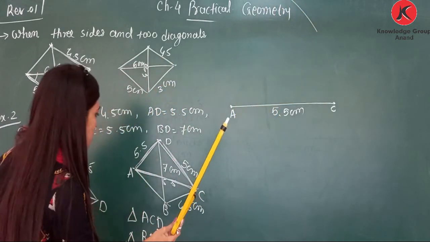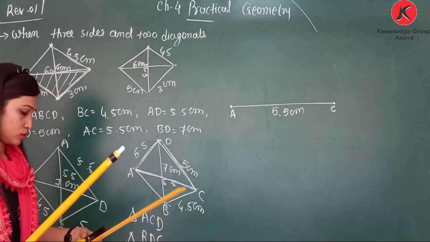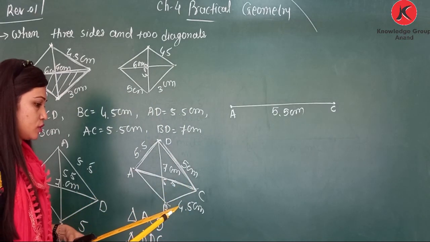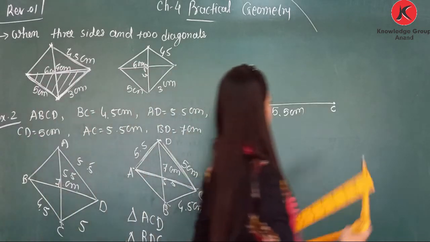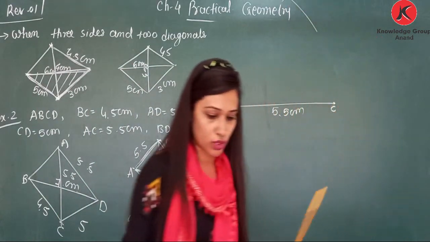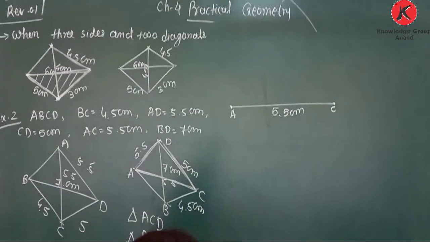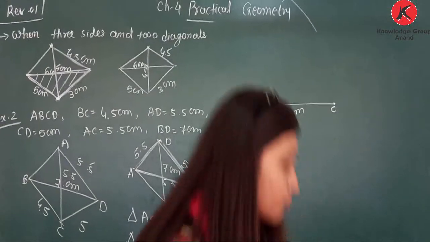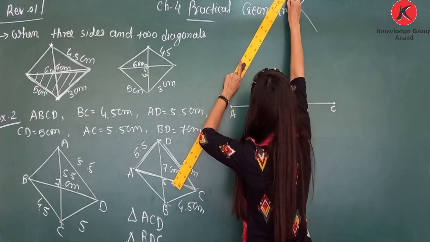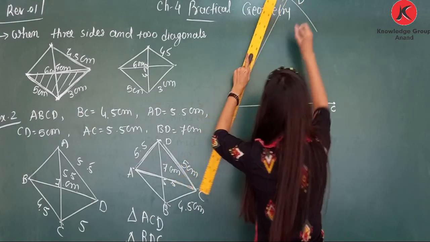Now from C make an arc of 5. This is our 5 centimeter. Give this point the name D. Join AD. Now our half quadrilateral is constructed.